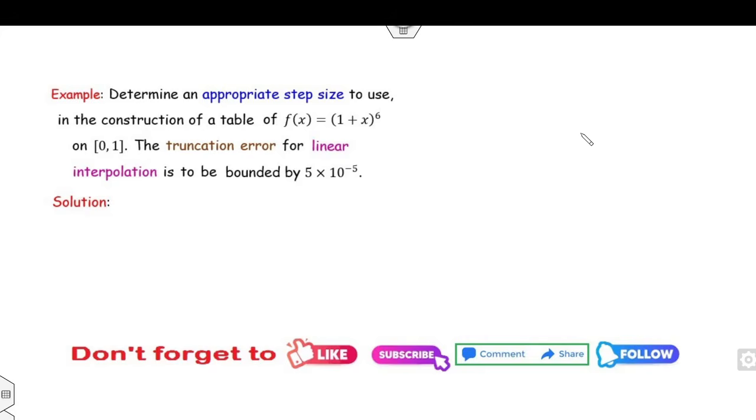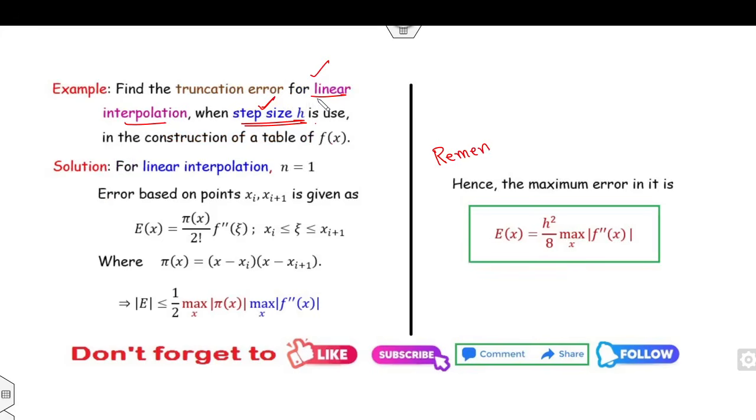Okay, look at this one more example. Determine the appropriate step size h, find linear interpolation. n is my 1, fx is given to be this. Now you can see step size you have to target, so I can use the direct formula for this case. Fine.